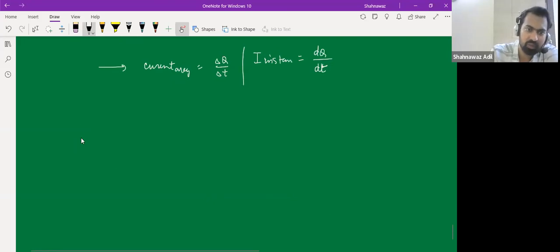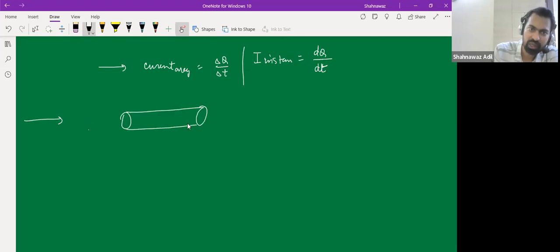So this we studied, and then we saw what happens when charge goes through some conductor. Let's say we have a conductor, and there is no external field. We saw that charges are moving in random directions, this one in this direction, this one in that direction, randomly moving and colliding.